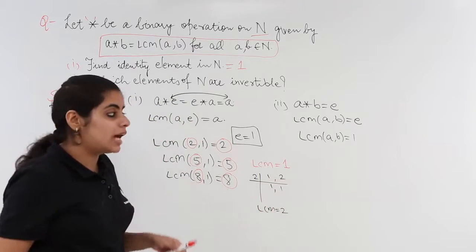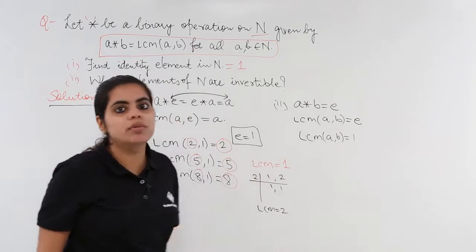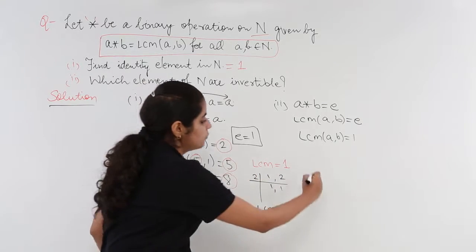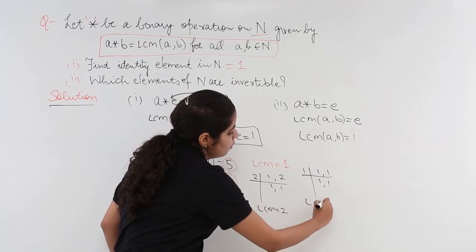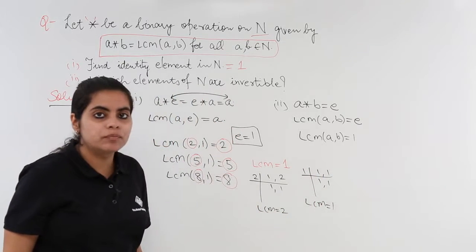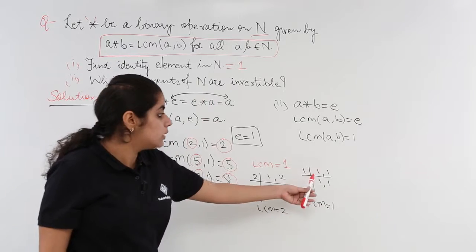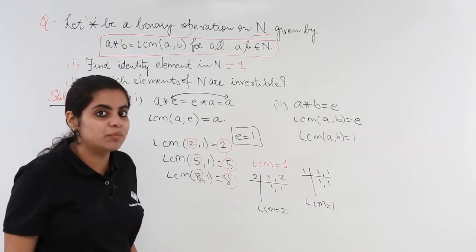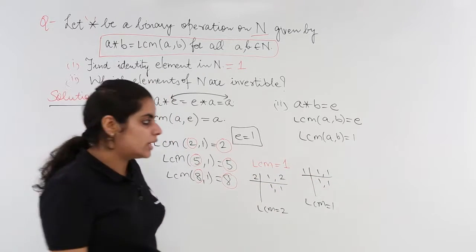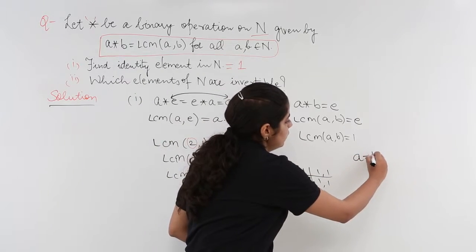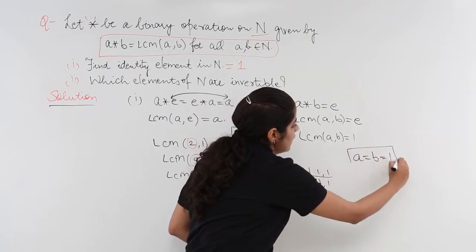But now I want the LCM only to be 1. So LCM is 1 when both the elements are 1. That means a and b both should be 1. So I write a is equal to b is equal to 1 as my answer.